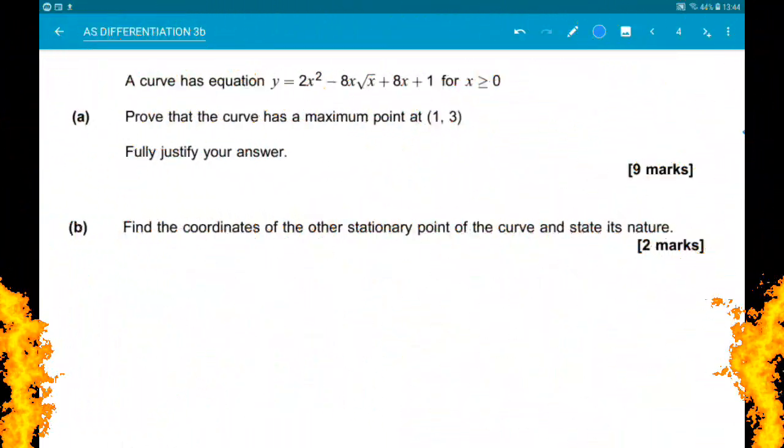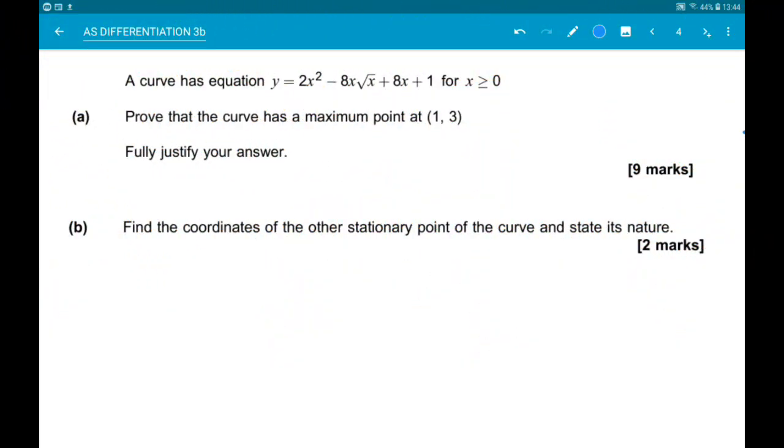Now, okay, final question, 11 marks altogether, so good times. This time y is 2x squared minus 8x root x, add 8x, add 1, 4x greater than or equal to 0.